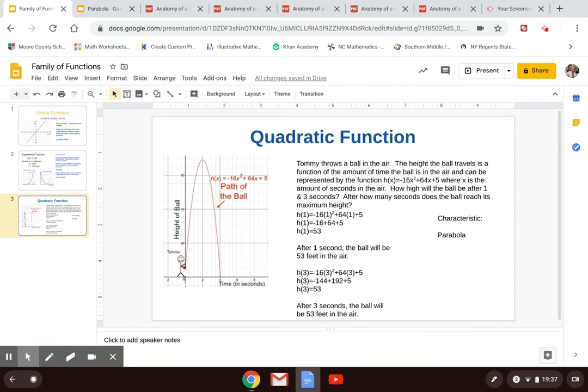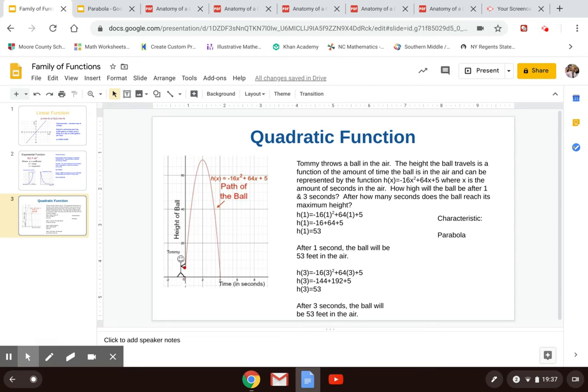Okay, yesterday we started looking at the quadratic function, and we learned that the quadratic function is the function we use to measure and explain things that are in motion. So we looked at an example of Tommy throwing a ball in the air, and that was modeled by the quadratic function negative 16x squared plus 64x plus 5.